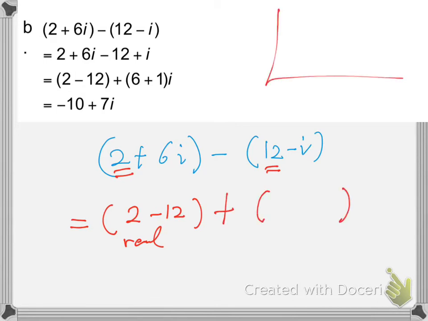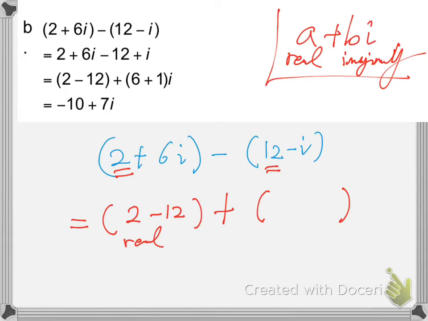So the definition of a complex number is the real part plus imaginary part. So this is the real part and the imaginary part.